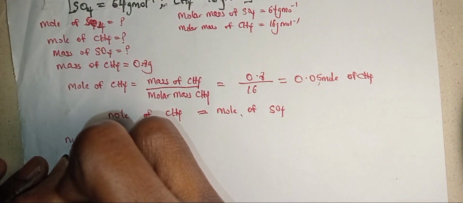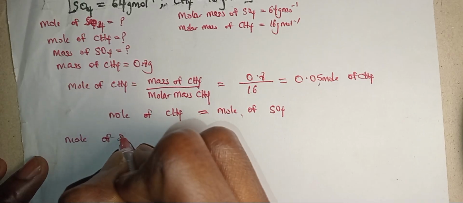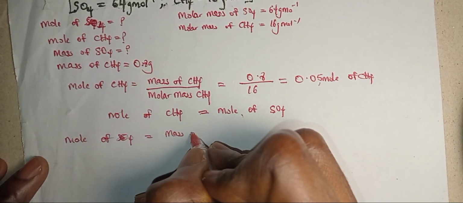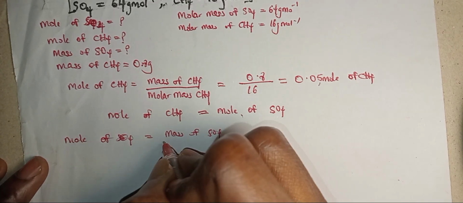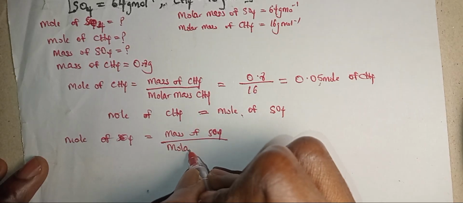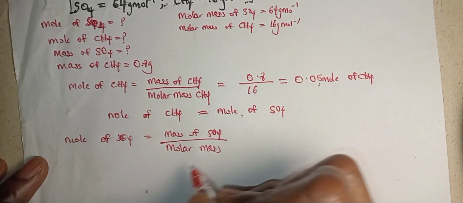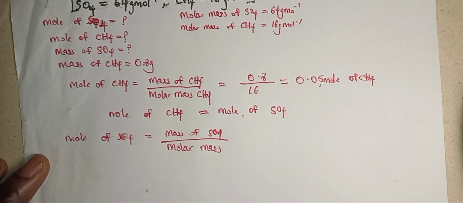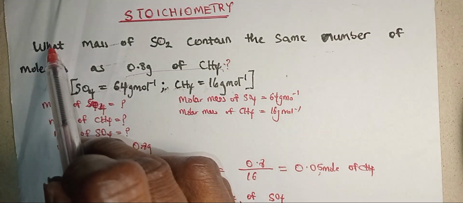So now the mole of SO2 will be equal to the mass of SO2 upon the molar mass. And don't forget that from the question we are looking for the mass of SO2.